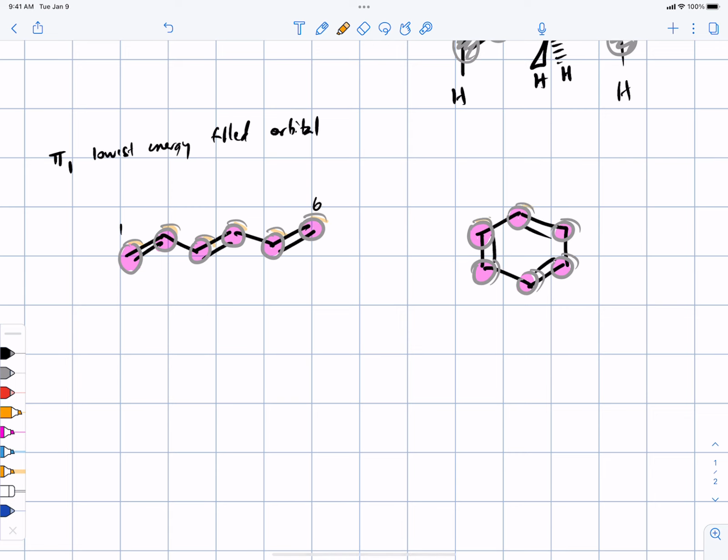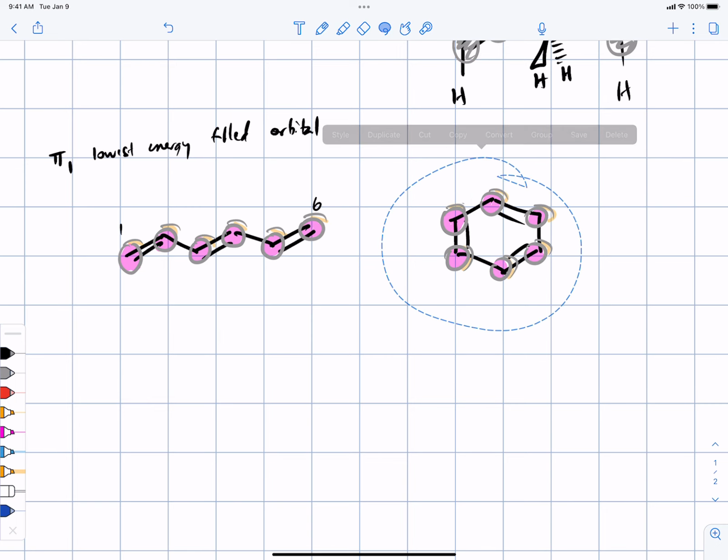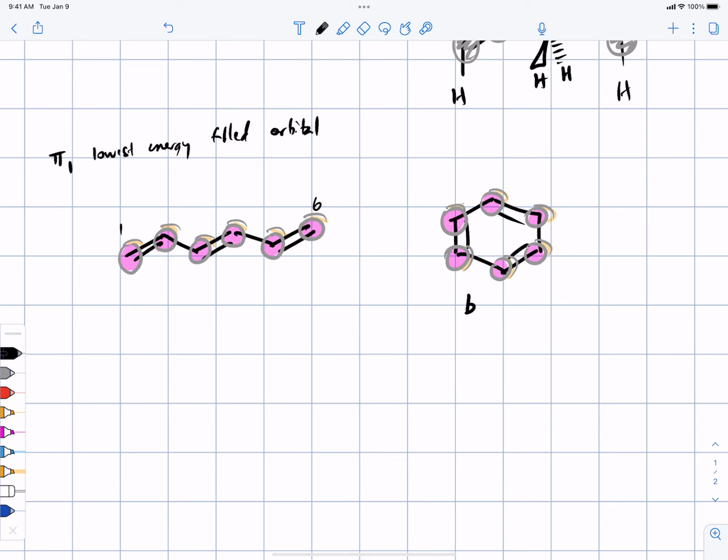That's a thoroughly boring conclusion, right? But do you think, well, again, leading question, do you think these two orbitals for benzene versus 1,3,5-hexatriene, do you think they're the same in energy?